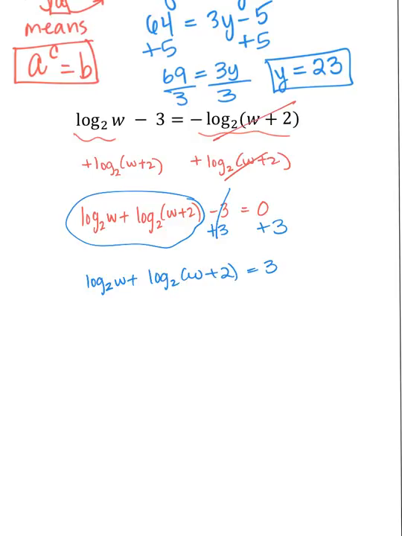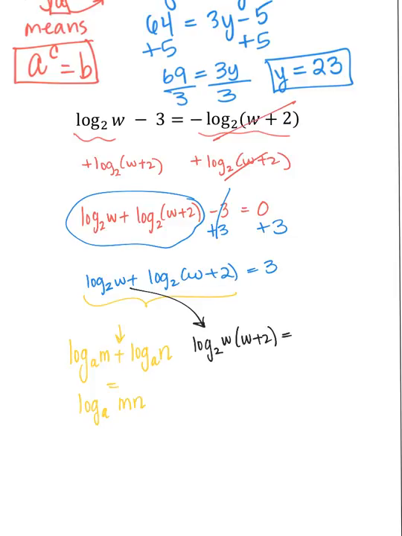Now there's a property of logarithm that says if you have two logs being added, log base a of m plus log base a of n, you can write that as a single logarithm with that same base, but now as a product of that m and n. So for us, what that's going to look like is log base 2 of w times w plus 2 equal to 3.